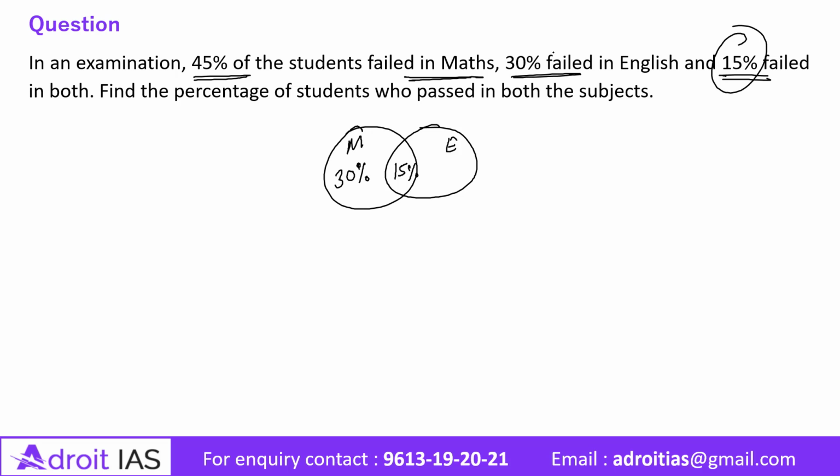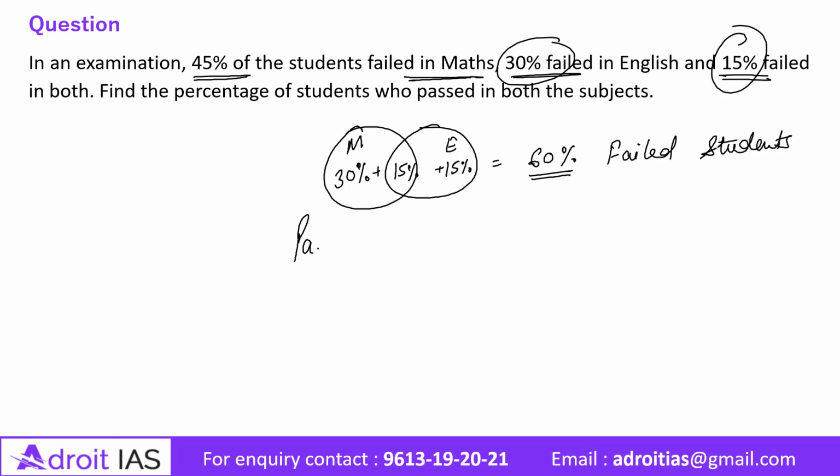Similarly 30% in English, so 15% is left for English alone. Just add all of them: this is 60% failed students.